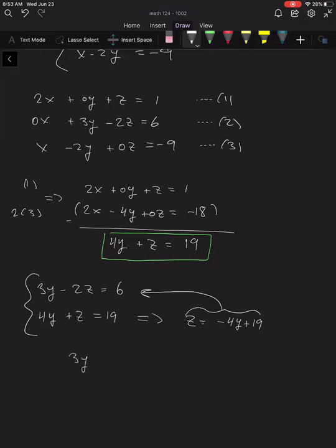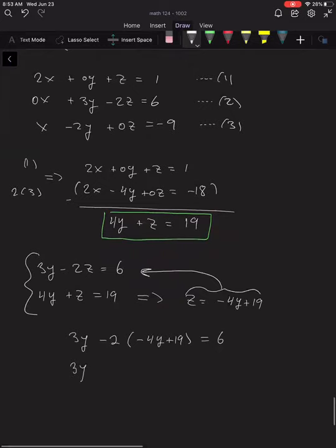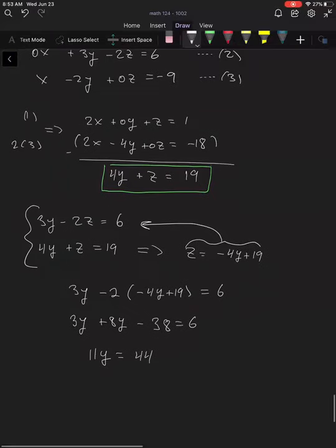So we get 3y minus 2 times minus 4y plus 19 is equal to 6. 3y plus 8y minus 19 times 2, which is 38. 11y minus 38 is equal to 6. So we get 11y is equal to 6 plus 38, which is 44. And then divide by the 11, we get y is equal to 4.